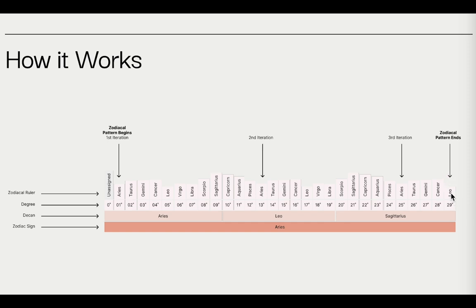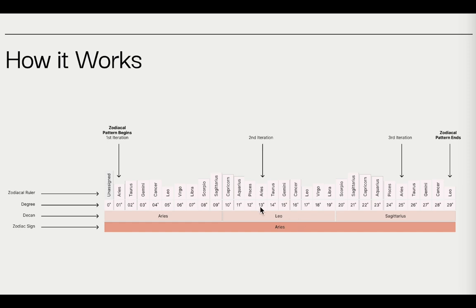And the pattern ends here. And so if Taurus were to come in the picture, if we had an extension of this, we would see 0 degrees Taurus, and it would start all over again. So that 0 degree of Taurus would be unassigned, and then the 1st degree of Taurus would be Aries.